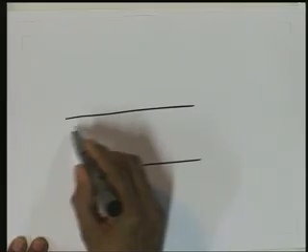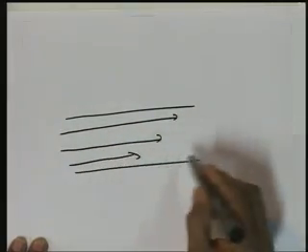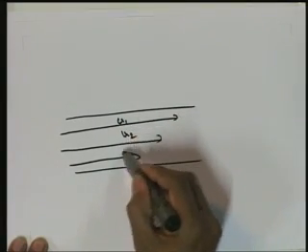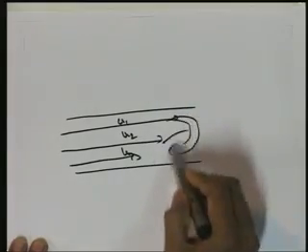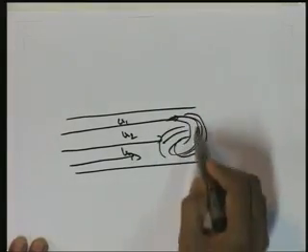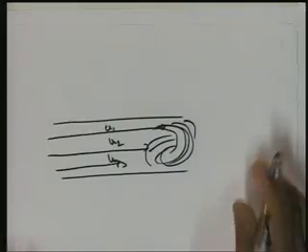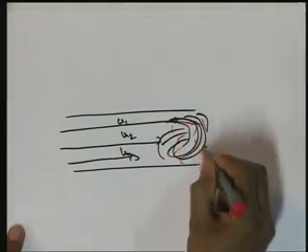If, due to various reasons, the velocities here are u1, u2, u3, and there is a considerable change in velocity, you can see that after some time mixing starts, and then the turbulence starts, as the flow changes from laminar to turbulent due to this mixing.